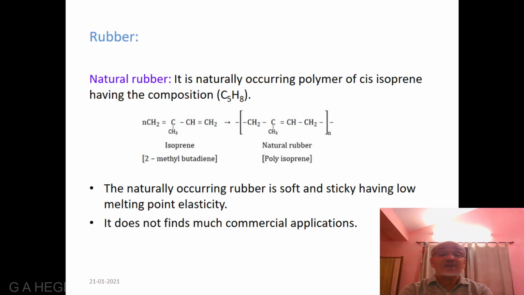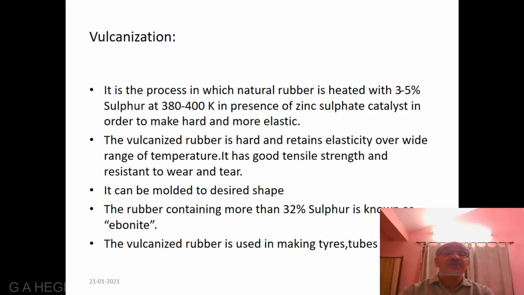N number of isoprene molecules undergo polymerization to form the natural rubber. The naturally occurring rubber is soft and sticky, having low melting point and elasticity. It does not find much commercial application.